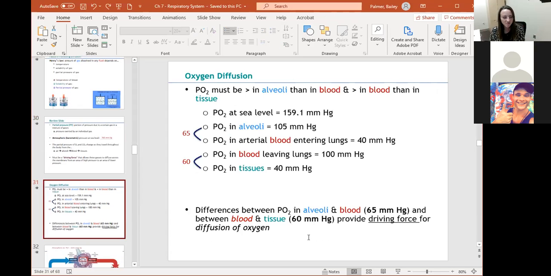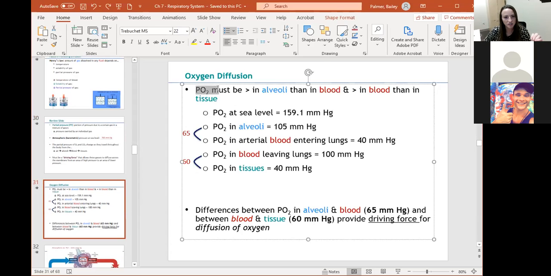This probably may have been a little confusing for a few of y'all, but let's go over it because it's going to be on your exam. This is where we get into driving forces. And what is a driving force? It's a pressure that pushes a gas into a certain location. So here PO2 is just the pressure of oxygen.